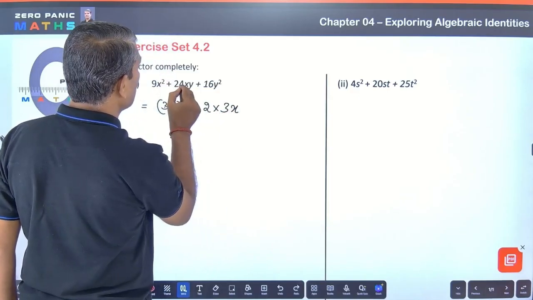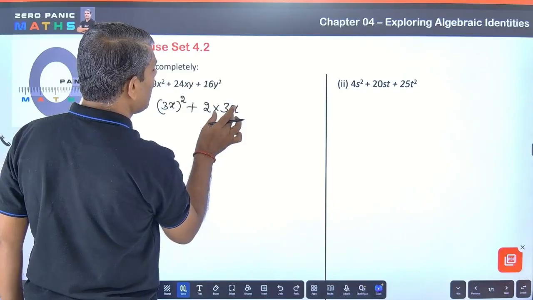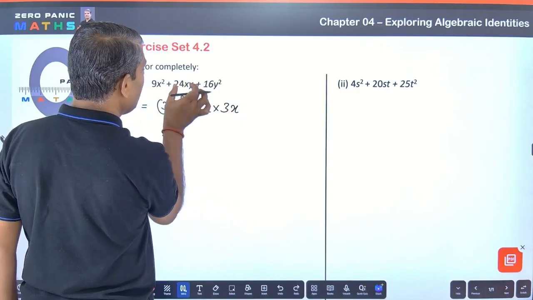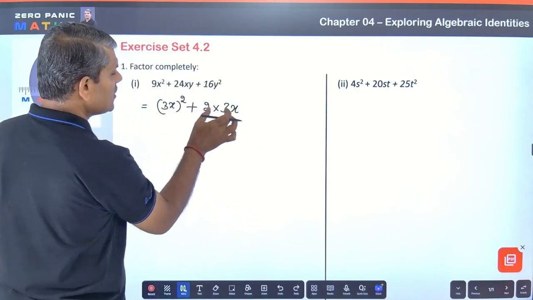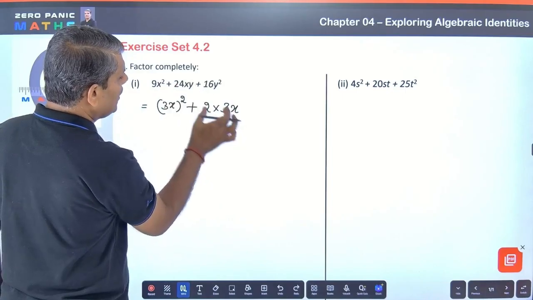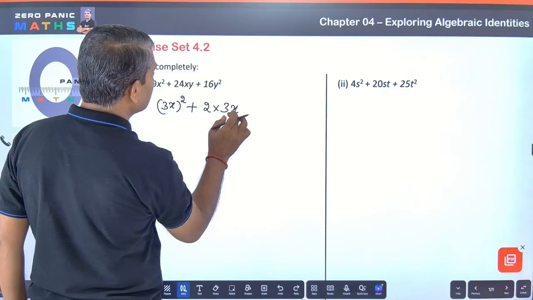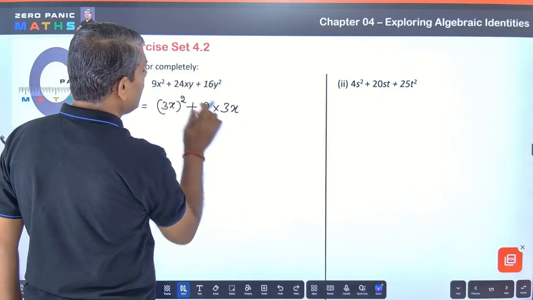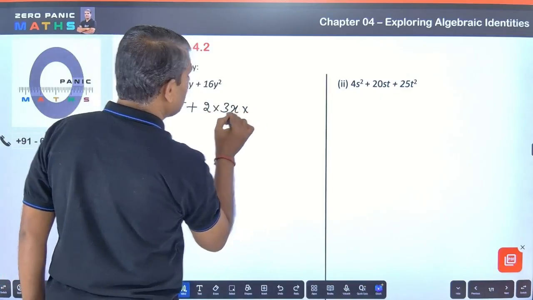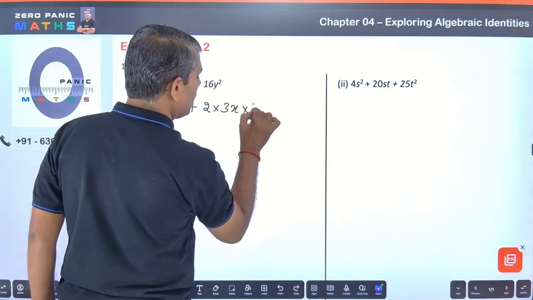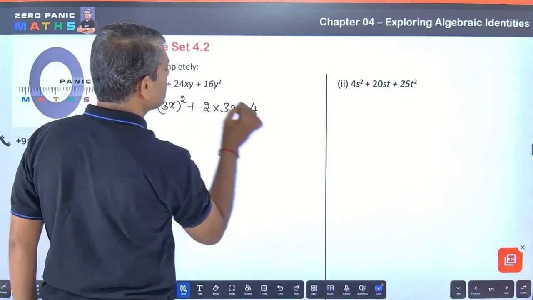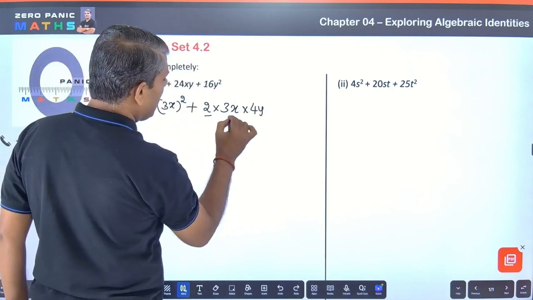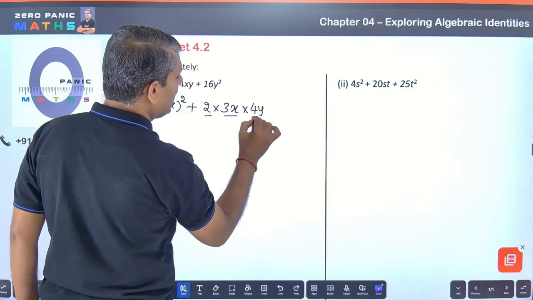Among 24xy, 6x I already have. So to make it 24xy, because I'm writing the middle term here, just be concentrated. I have 6x with me, but here it is 24xy. So first of all, I need to multiply this 6 with 4 to make it 24, and then to make it xy, I need y also. So this makes it 2 multiplied by a and b.